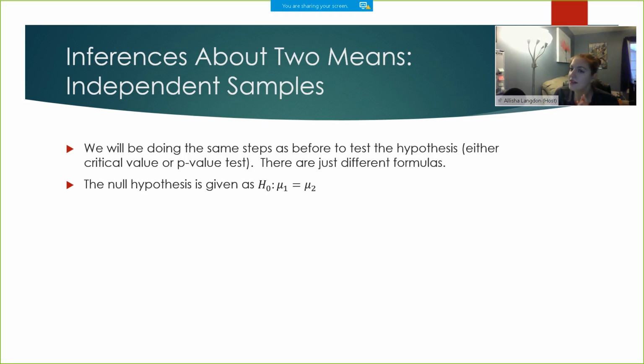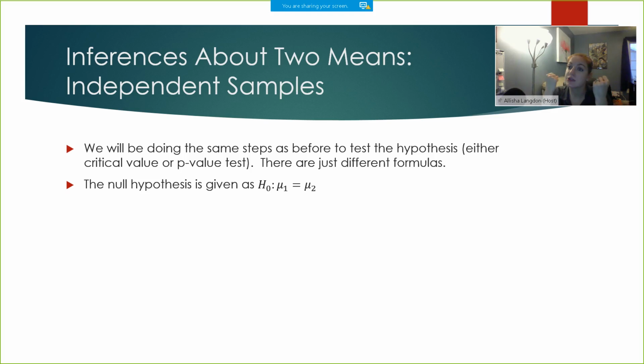So the null hypothesis is going to look a little bit different this week. The null hypothesis is still going to be H0, okay? But your statement here is not going to contain any numbers. That's different. We usually have numbers. Instead, the null hypothesis is going to be that the sample means are equal.